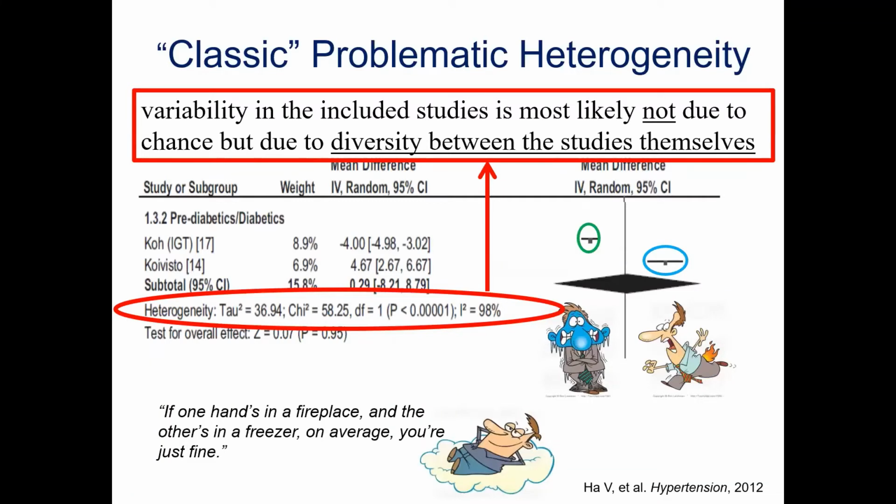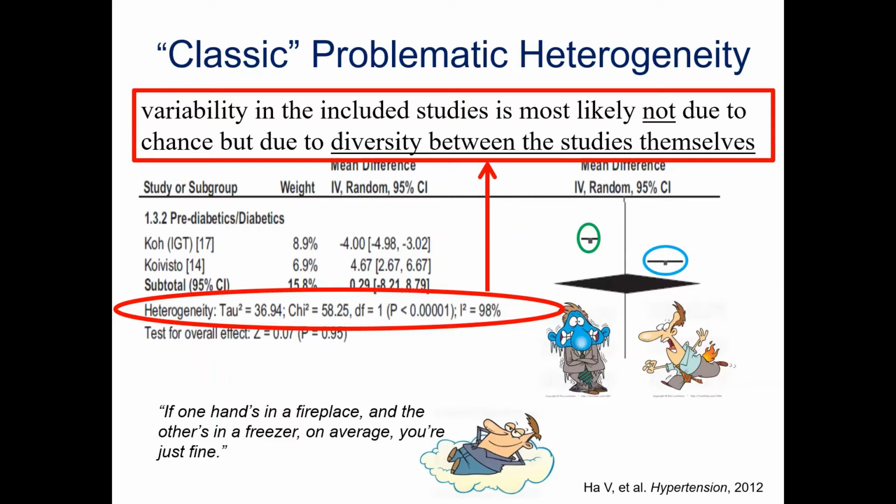Remember our classical example of heterogeneity, where we have two studies with opposite results. The heterogeneity in this example is 98%, which is found beside the I squared, and means that the variability in the included studies is most likely not due to chance, but due to diversity between the studies themselves.